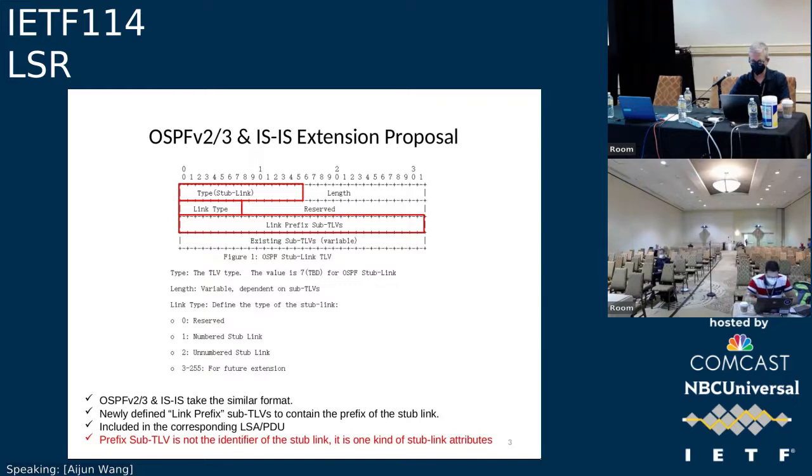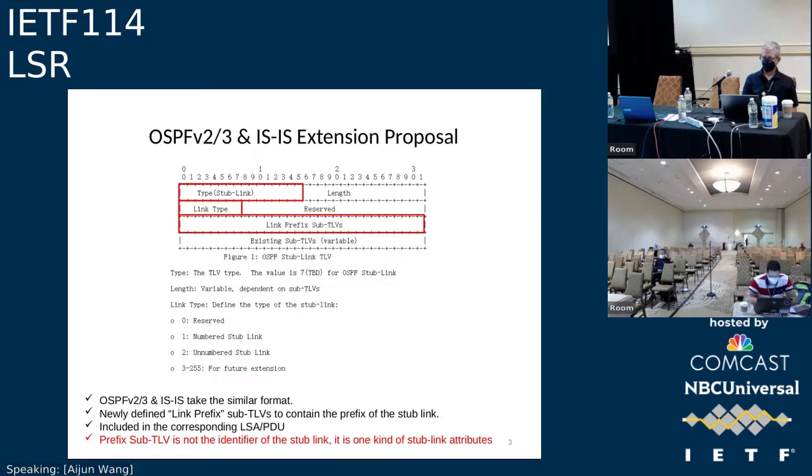We just define one new container, a new TLV, to contain the link type and the link prefix associated with the stub link. All IGPs take a similar format, and in this TLV we define a newly defined link prefix sub-TLV to contain the prefix of the stub link. And this newly defined TLV will be included in the corresponding LSA and PDU.